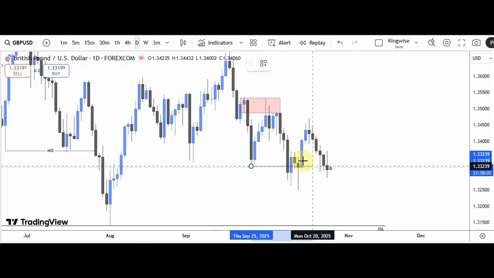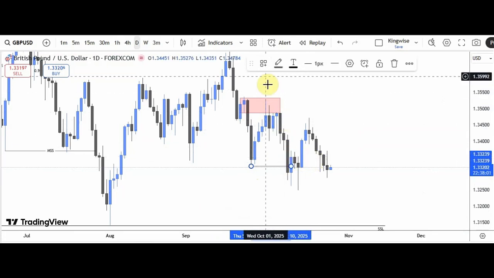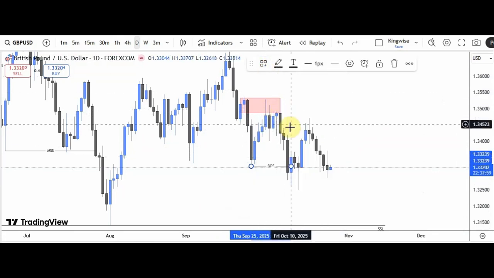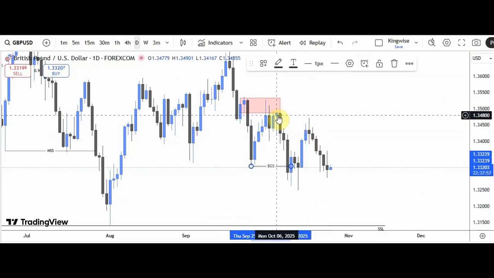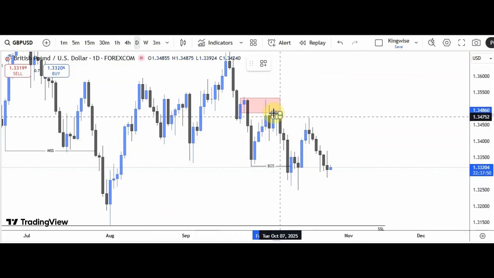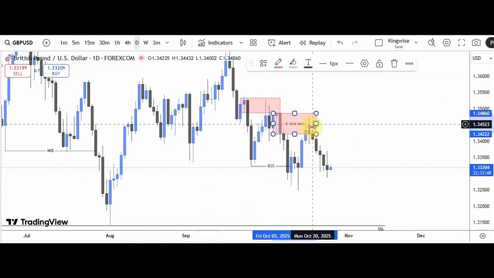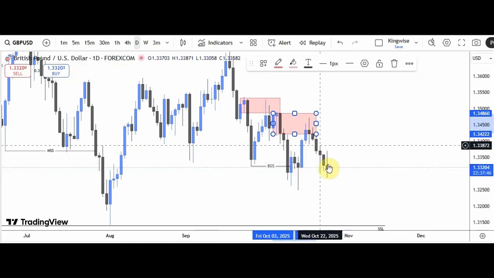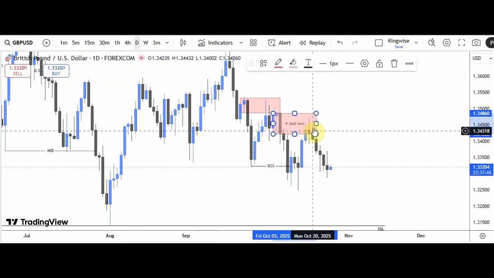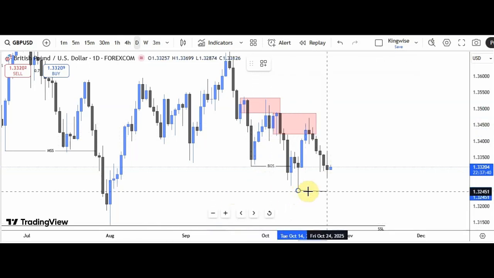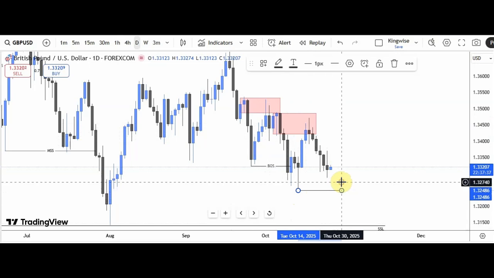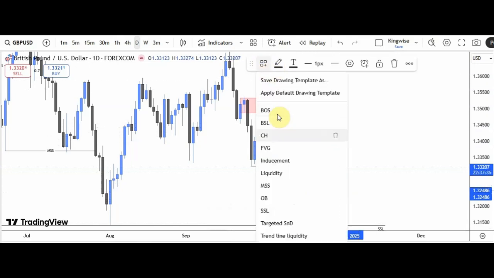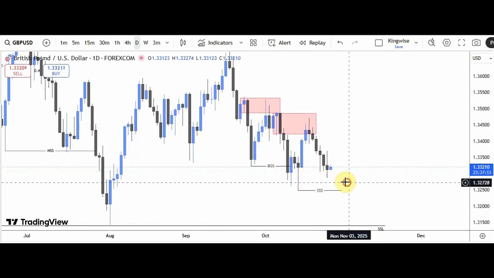So it broke this structure to the downside. We had this break of structure, and price also returned into the supply zone, rejected that zone and is coming all the way down to take this internal liquidity. So it's coming for this internal liquidity.